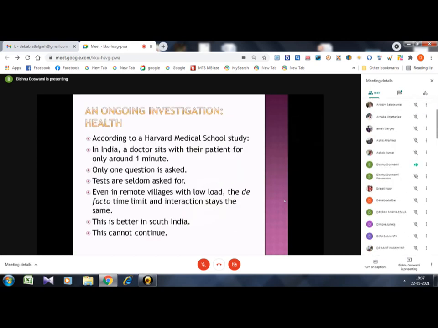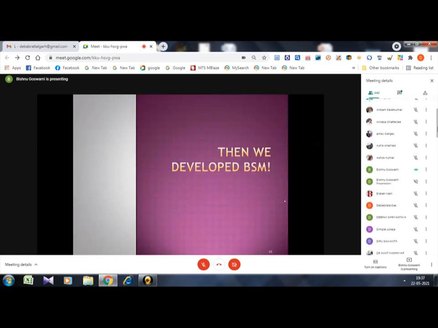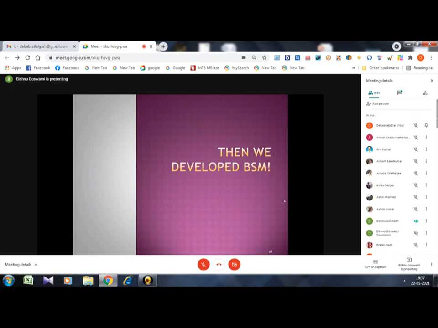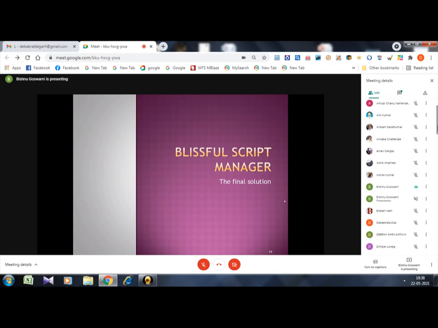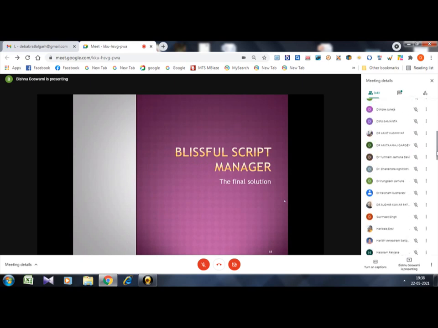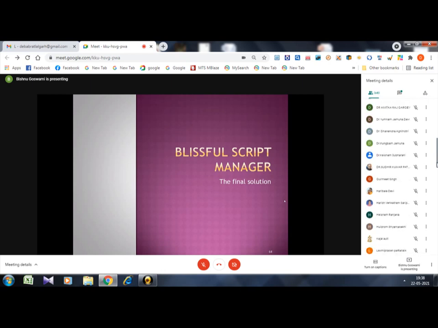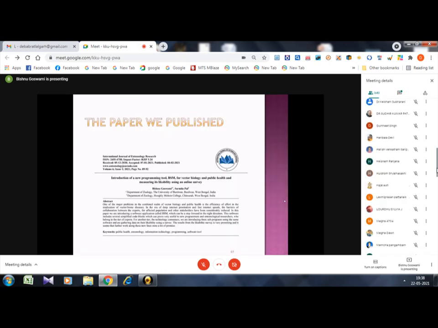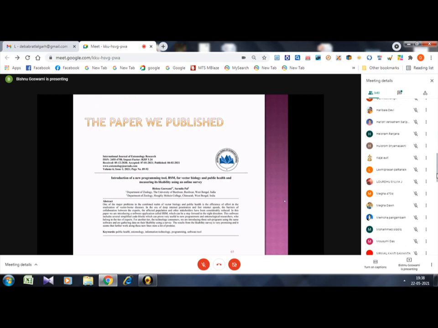So this is a list of the first software which we developed, and then we developed BSM. So what is BSM? BSM is a blissful script manager. It's just a name, and this was our solution, and we are currently working on this solution in a bigger scale. So this was the paper, Introduction of a New Programming Tool, BSM, for vector biology and public health, and measuring its likability using a survey.